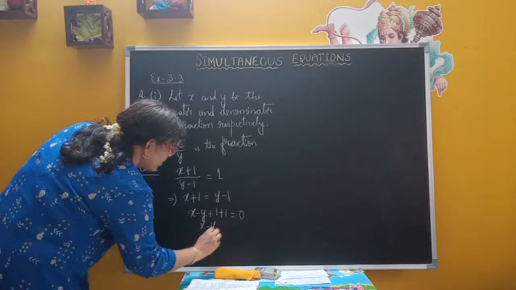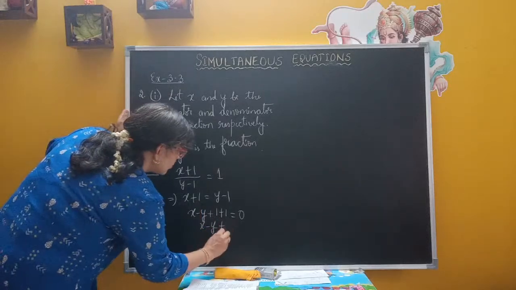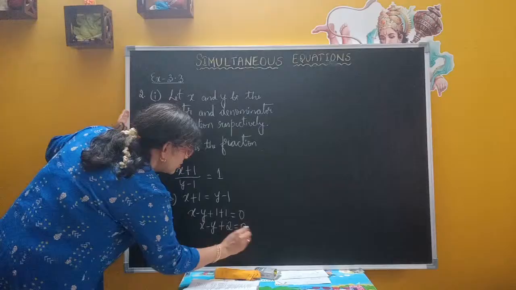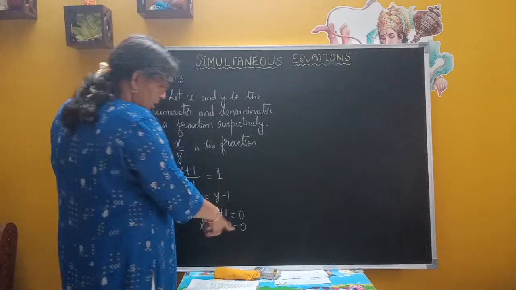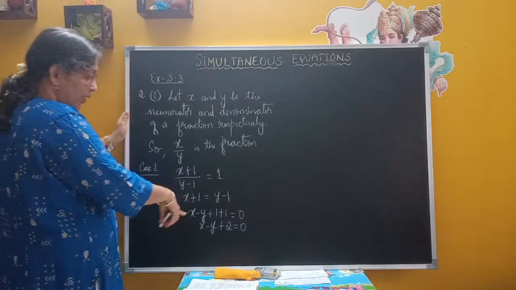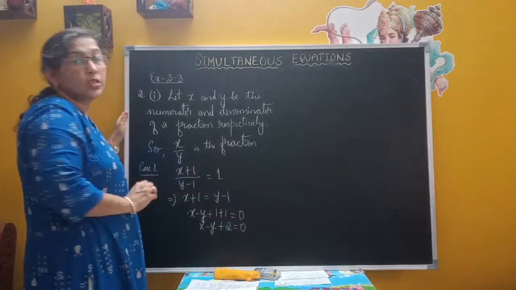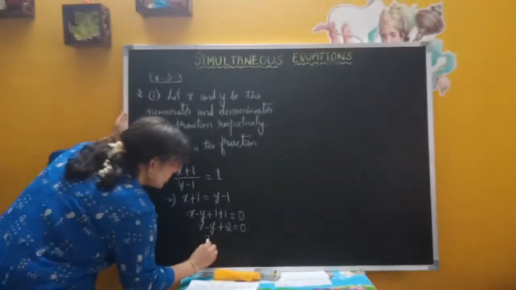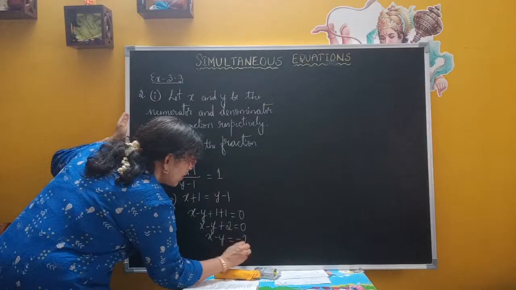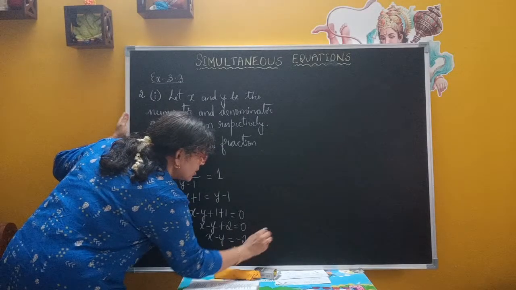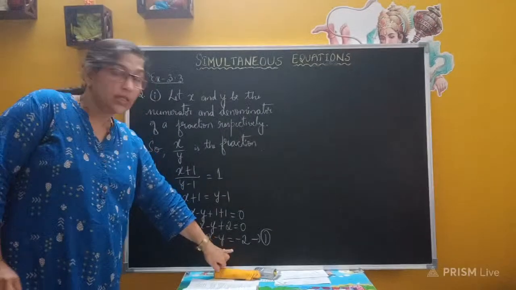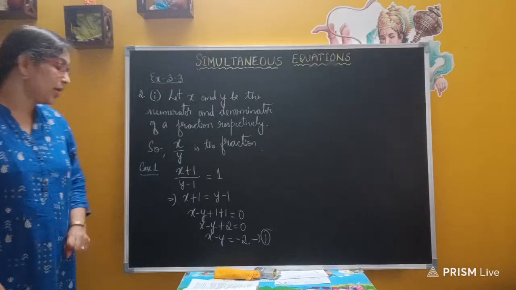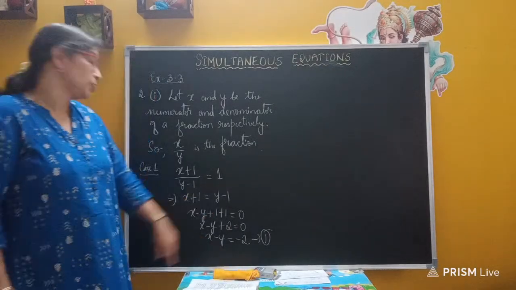So x minus y plus 2 is equal to 0, or another way of getting the standard equation is bringing the constant to the RHS, that is x minus y is equal to minus 2. This is equation 1, because in elimination method we write the equation in this form. So x minus y is equal to minus 2.